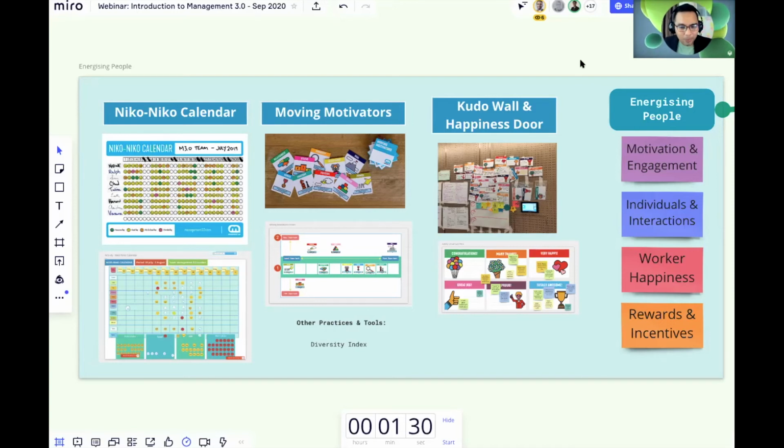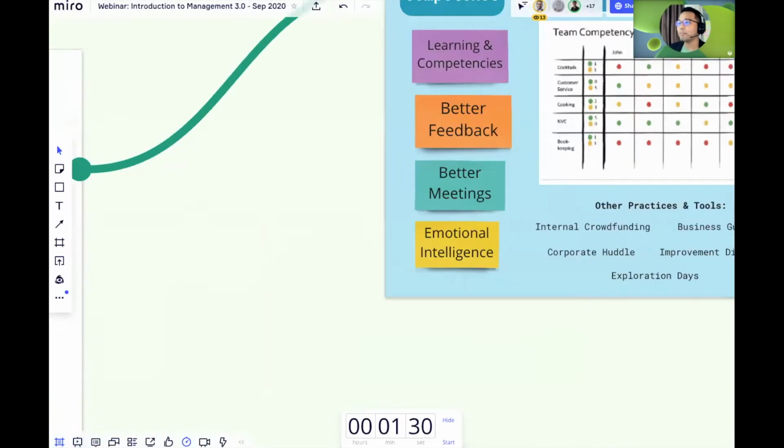Can we come to a point where we can see each other's views in a respectful way, so that we can move along and make progress in whatever we are trying to do? So that is a simple practice, called the kudo wall and the happiness wall, that you can use to motivate as well as show appreciation on a daily basis.